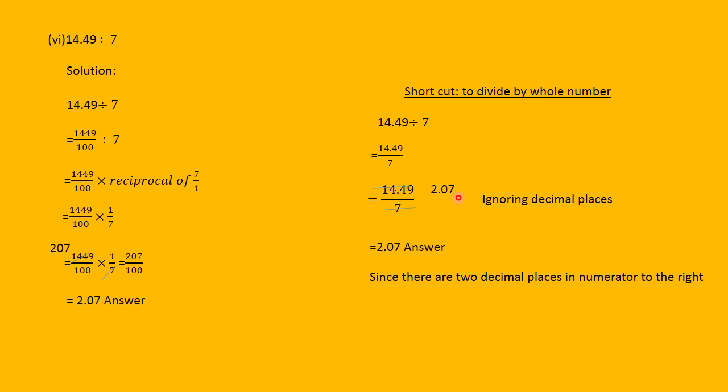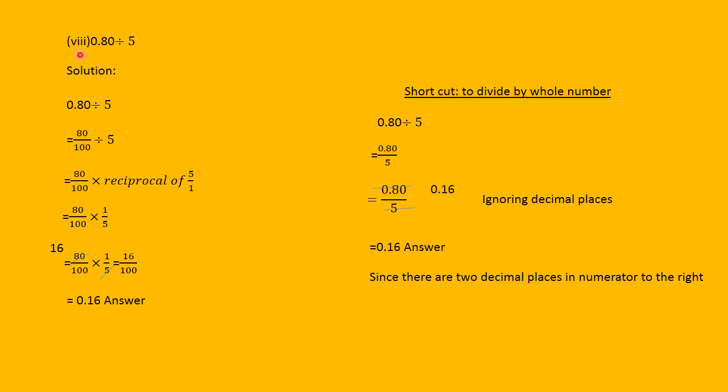So after cancellation you will get 207. Now you have a decimal point and after it 2 places. So in 207 you also should have 2 places after the decimal. You will start from the right, leave 2 places, put a decimal point. 2.07. Okay.